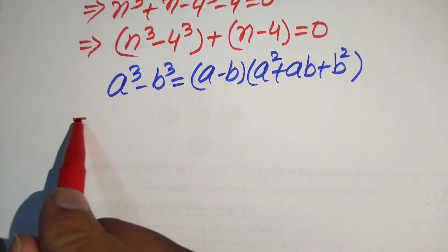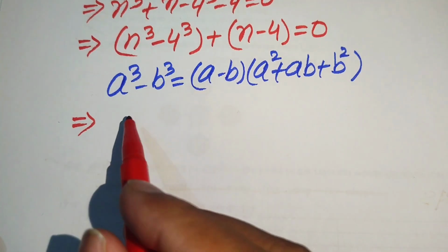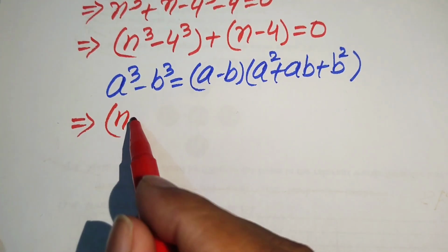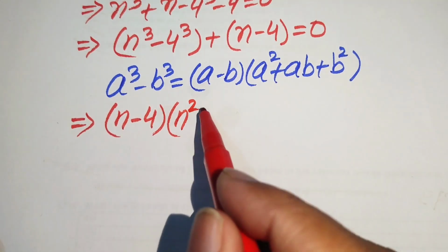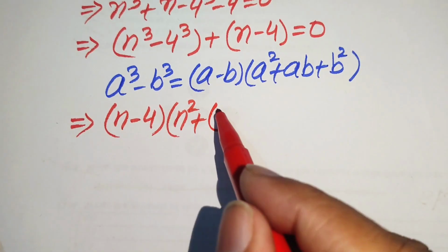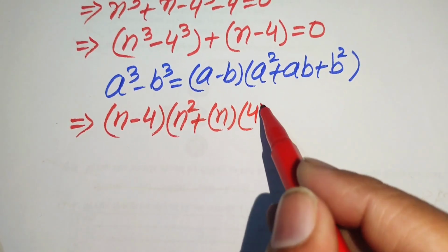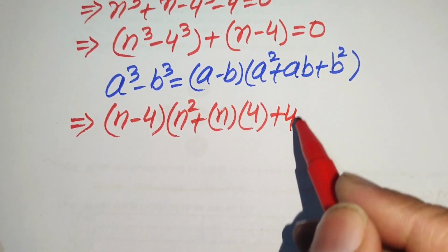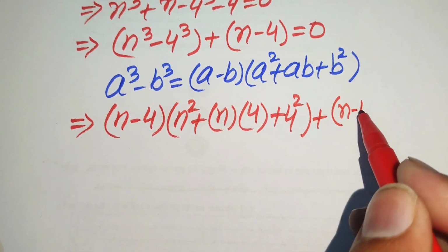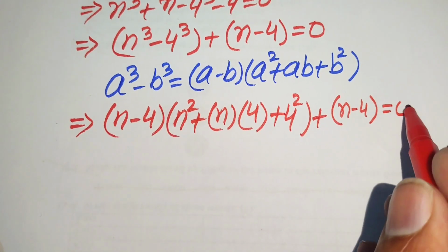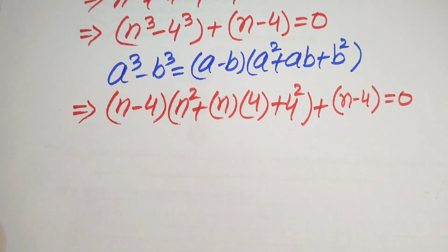So it will be written as n cubed minus 4 cubed, which is n minus 4 times n squared plus n times 4 plus 4 squared, plus n minus 4 equals 0.